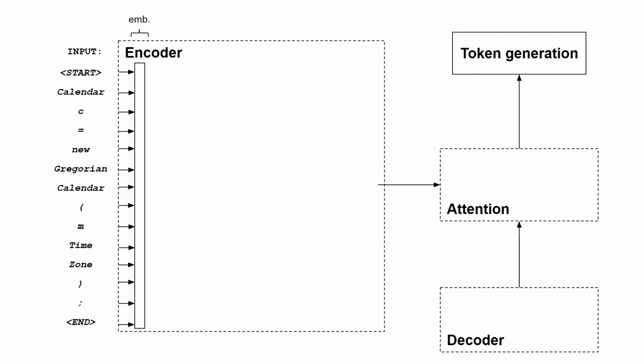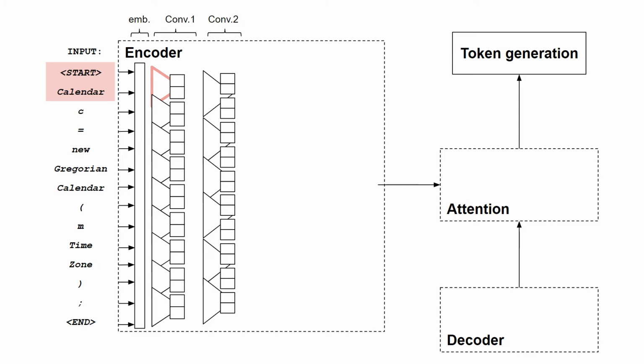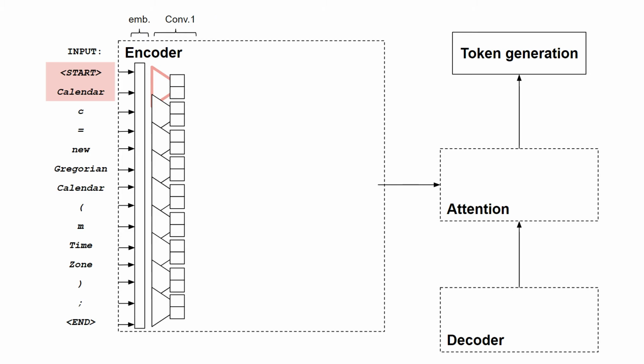So this is an overview of our model's architecture. We have the input on the left and the other modules on the right. Here we will focus on the encoder to explain at a high level why CNN layers are better than RNNs for our context. In this example, the first convolutional layer has a small kernel size that will encode relations between closely related tokens, for example start and calendar.